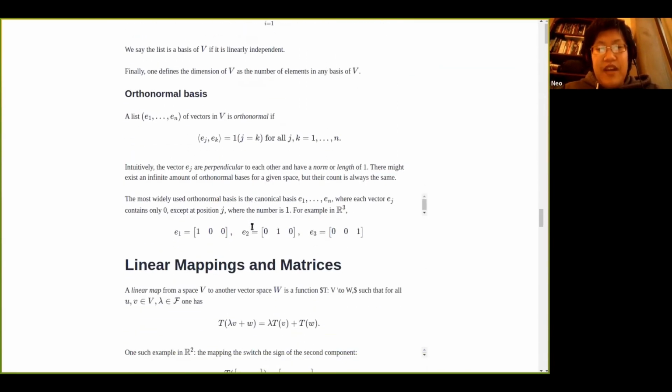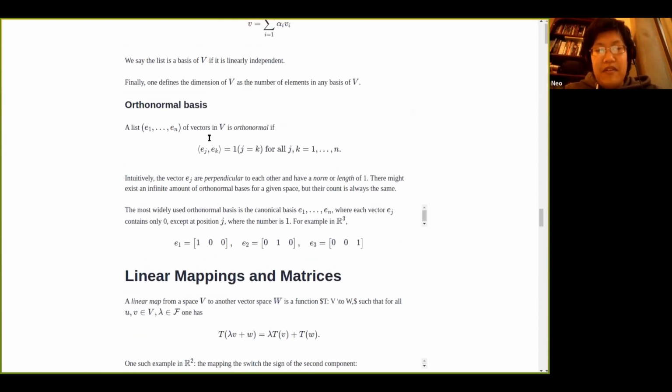So now if you have a basis, there are certain types of bases that are a bit more powerful than the others. The bases that are important here are those that we call orthonormal, meaning that their scalar product is equal to 0 if they are not the same element.